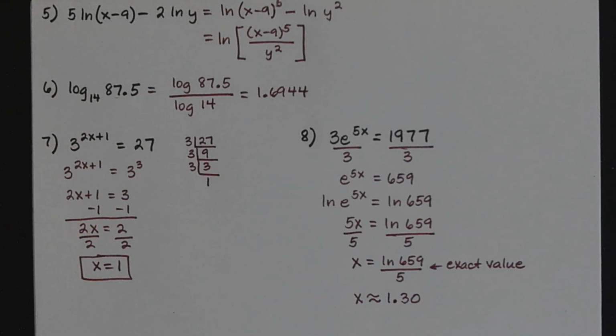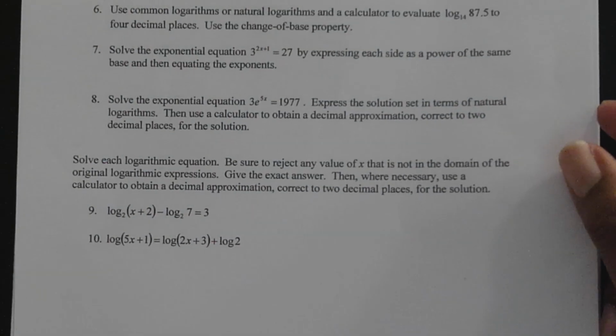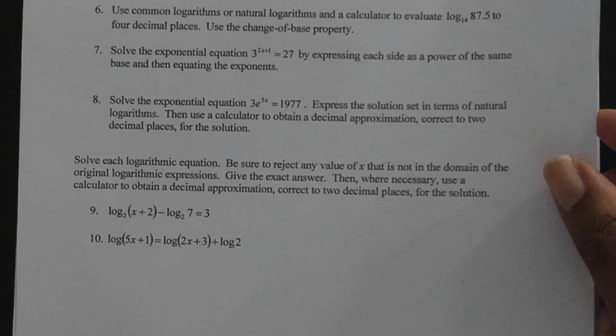All right, problems 9 and 10 are logarithmic equations, okay? Those are the ones you're going to solve, and you want to make sure that you reject any value of x that is not going to be in the domain of the original logarithmic equation.